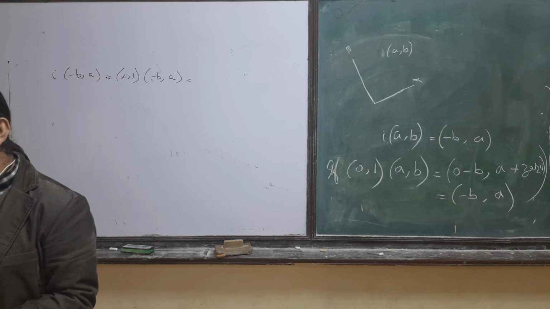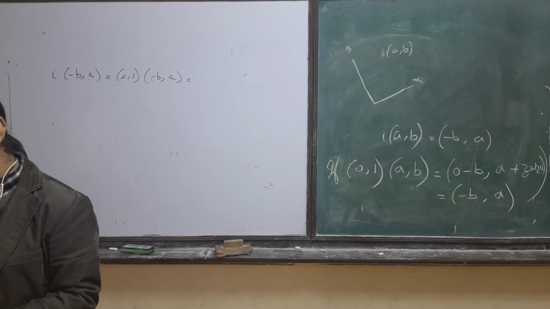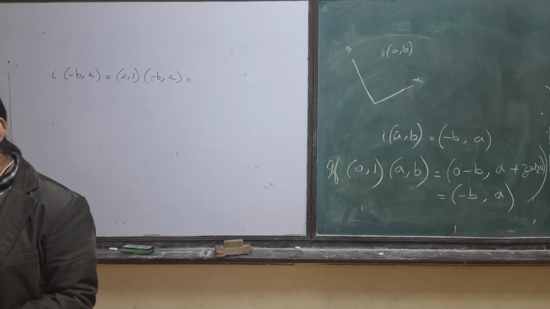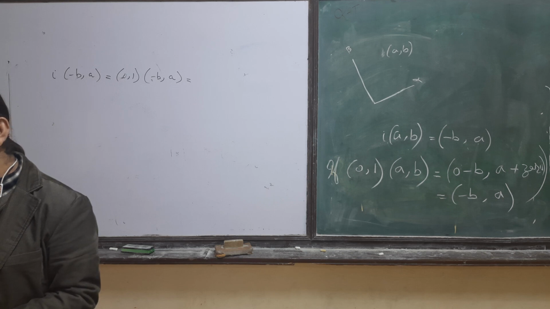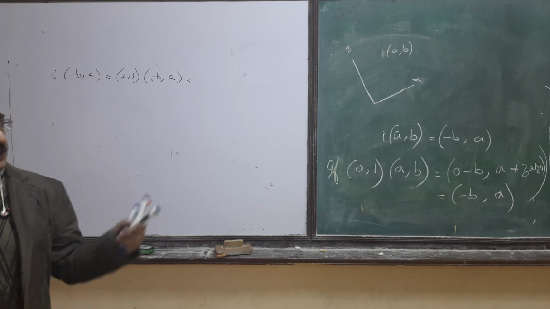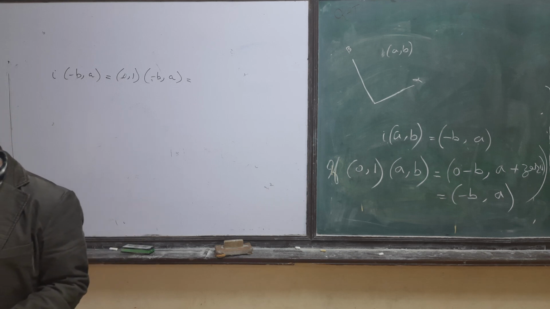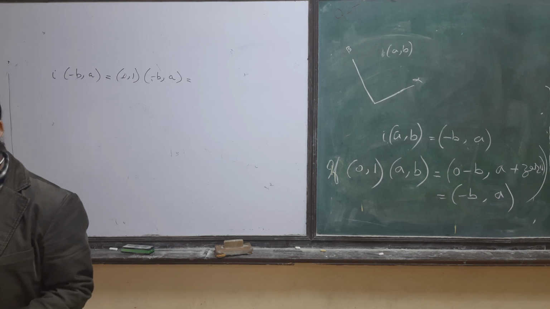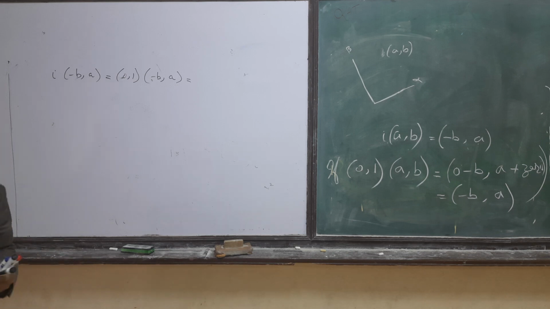As we have done in the case of the Lorentz transformation, x was along the real axis and t was along the imaginary axis. But when we apply this type of transformation, t becomes along the real axis and x becomes along the imaginary axis. So the ordered pair can be changed.